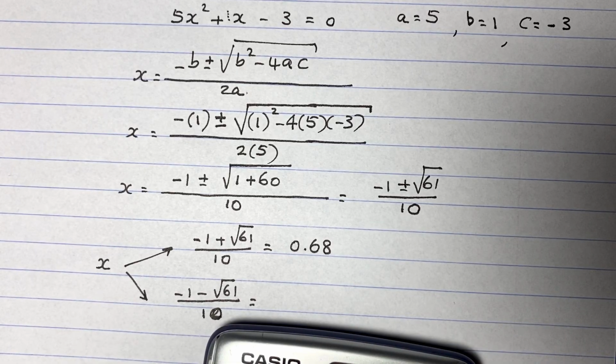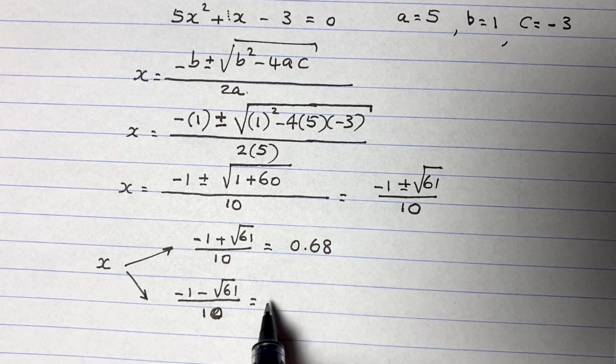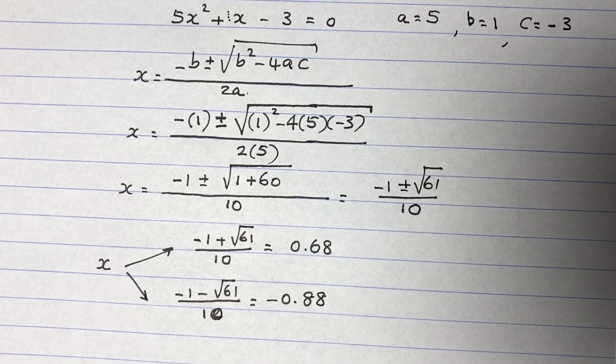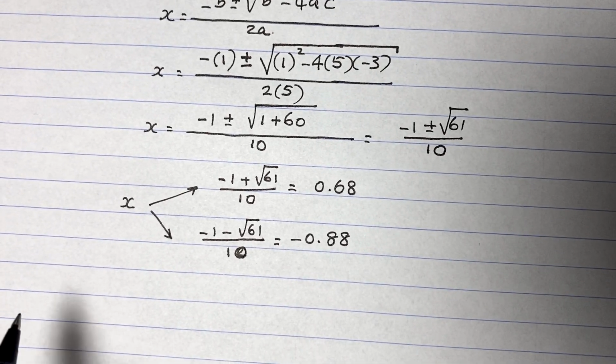And if we go back and change the positive sign to negative, it gives me minus 0.88. Now we can find the corresponding y values.